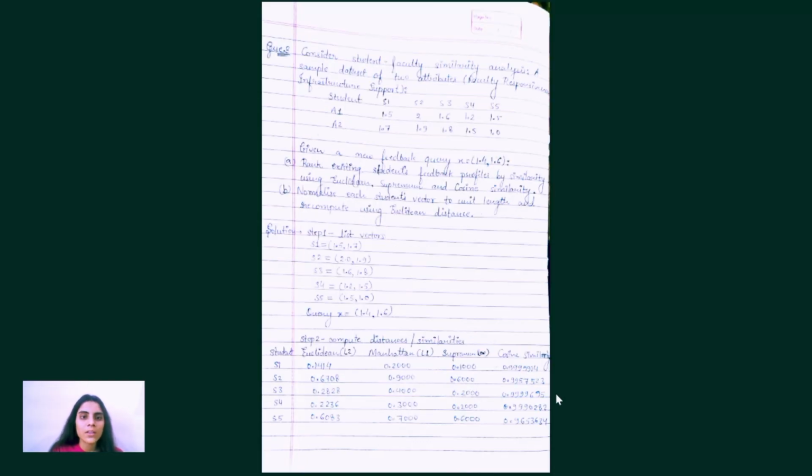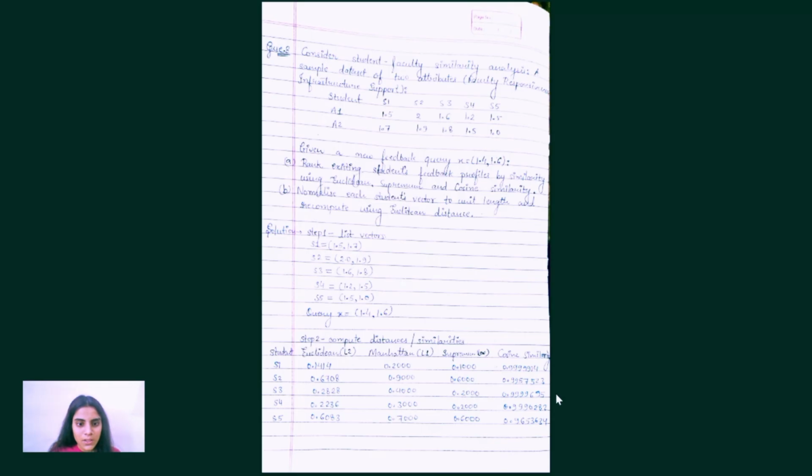Question number 8 is: consider student faculty similarity analysis. You can see here we have to normalize and rank, and also find out here. So this is step 1, list vectors. You can see in this table we list all vectors.